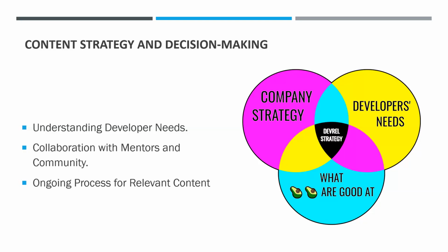So before you can create content for them, you must understand their needs, what they are trying to achieve. Then you collaborate with mentors and community. You have a community of people you ask, oh, this new product, what do you think about it? Then it's an ongoing process for relevant content.